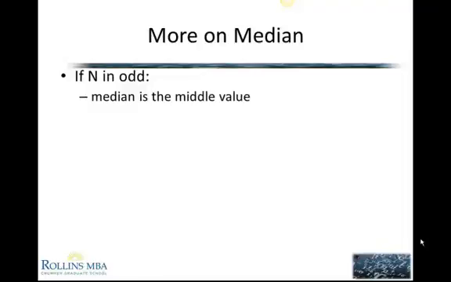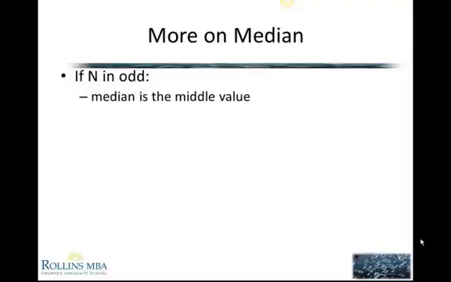For example, if I had 101 observations in my data set, well, I need to have the same number of observations above and below my median. So if I arrange them in order from low to high or high to low, my 51st value would be that value that had the same number of observations on either side, 50 above and 50 below, plus my middle value, 101 total observations. So that middle value would be the median if I have an odd number of observations.